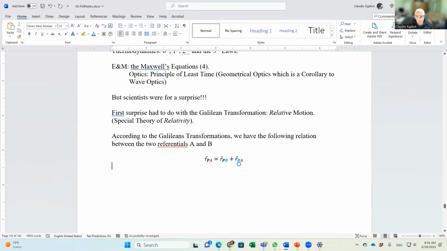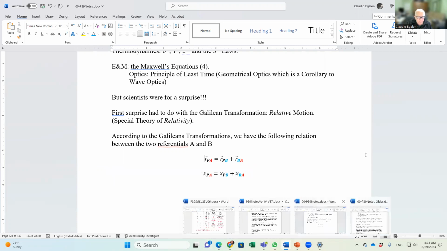Can you see that? The B right in here, PA, and you can use this notation for any other referential. Okay, here you go. For any transformation too. So now I'm going to rewrite that in the one-dimensional case. X of P with respect to A is X of P with respect to B, and X of B with respect to A. Okay, let's take a look at our drawings side by side.